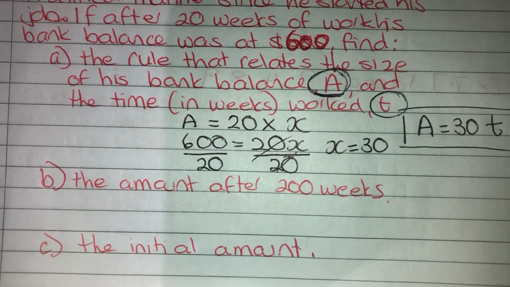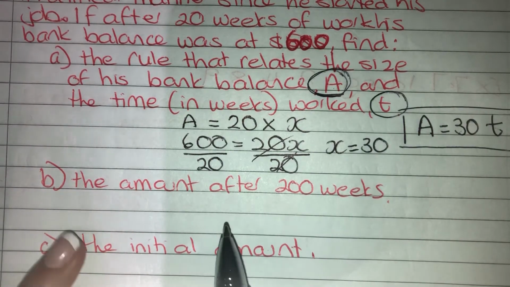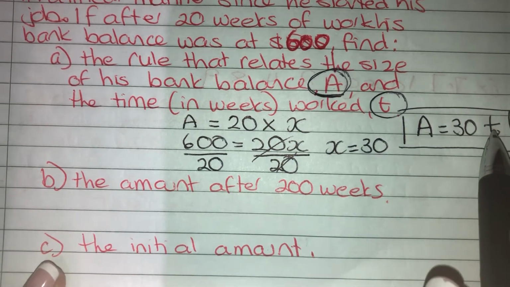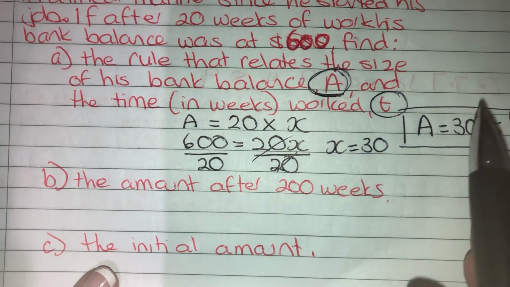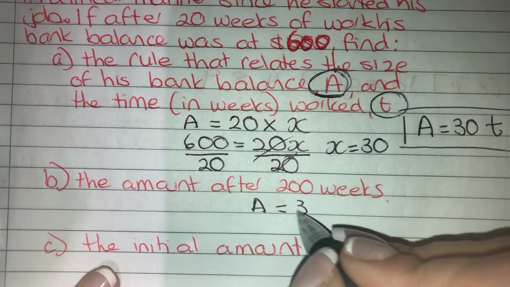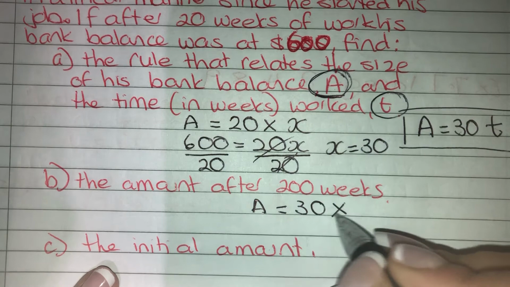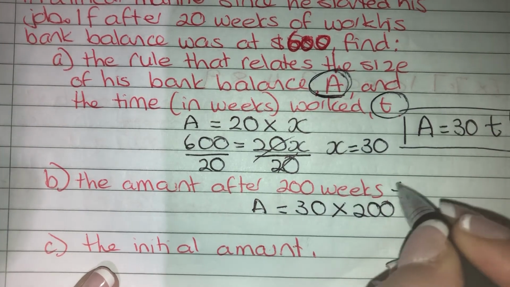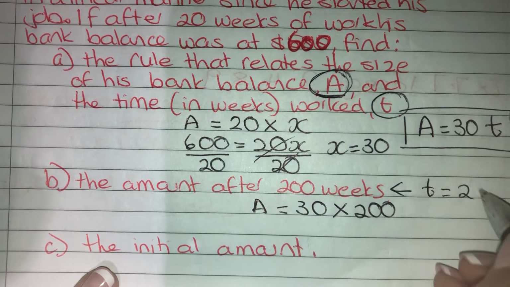I just want you to take your time and write what you can. The next bit should be okay. What's the amount after 200 weeks? So T is the number of weeks. So now this part is just putting in the information. So it's going to be 30 times 200. This is saying that T is equal to 200.